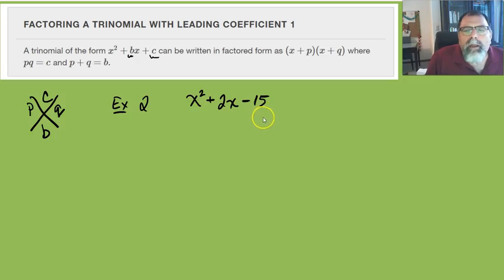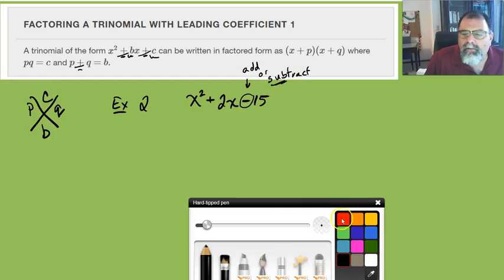And I'm going to show you the way I do it. I want to take out the signs. I'm going to put plus or minus C, and then this would be plus or minus Q. This sign tells us if you're going to add or subtract. So in this case it's minus, so I'm going to subtract. So I want factors of 15, this is the way I kind of do it.